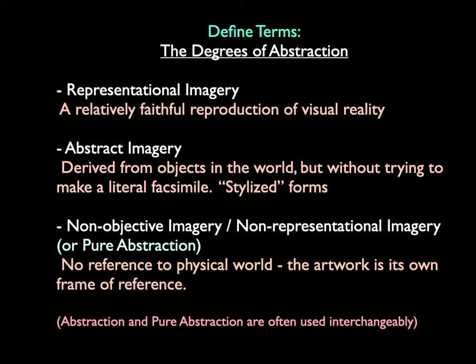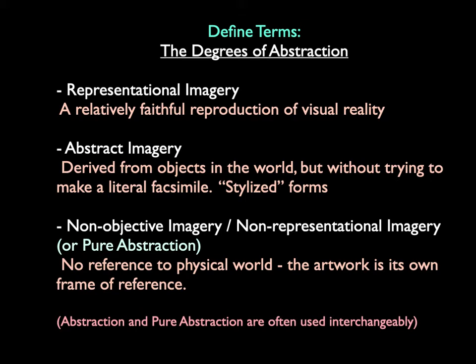Abstraction, in the truest sense of the word, is imagery that starts to deviate from being a faithful representation of something, where it still has a foot in the world of things, but the pictorial aspect of it is stylized, or where certain aspects of the object that you're depicting might be simplified or exaggerated in order to clarify the meaning more specifically, or to make it apply to more things or more situations.